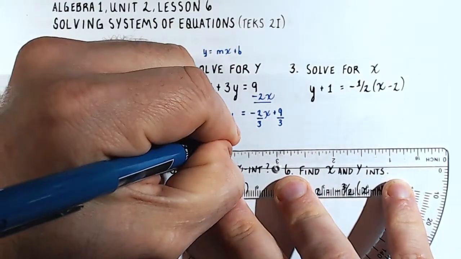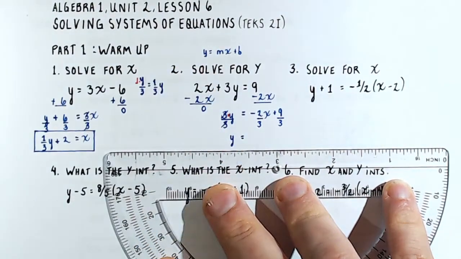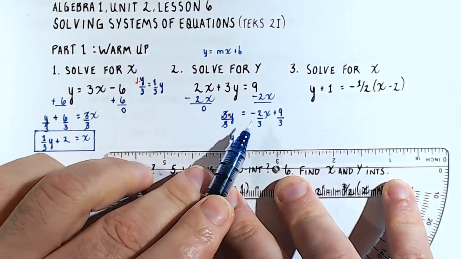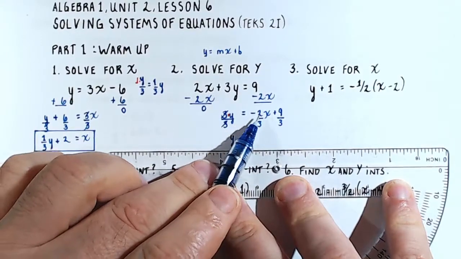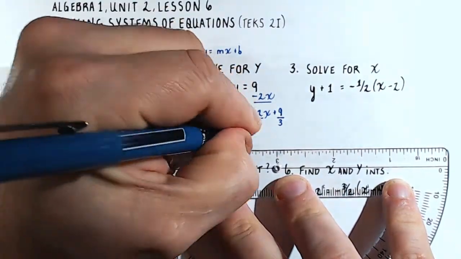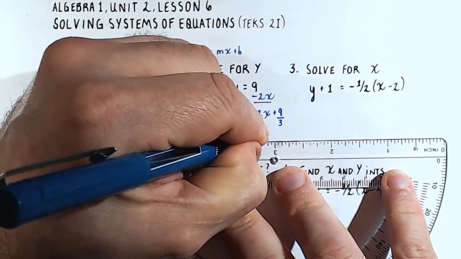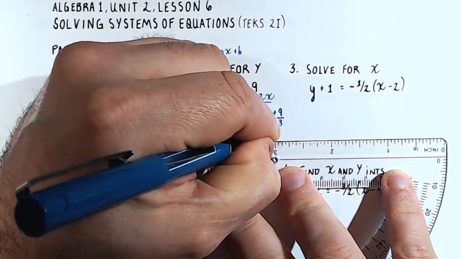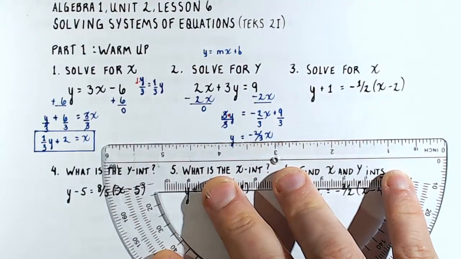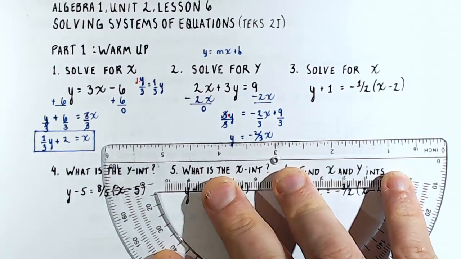And now I get y equals. Now look at this term here. I've got negative 2 over 3x, so negative 2/3 x, plus 9 over 3. Well, that can be reduced to just 3. 9 divided by 3 is 3.